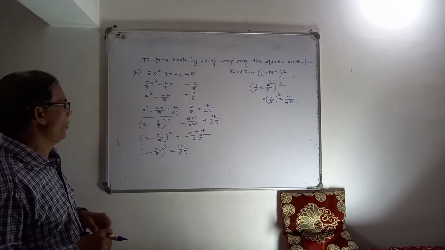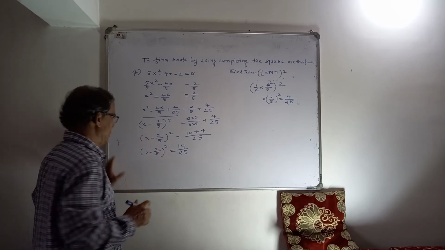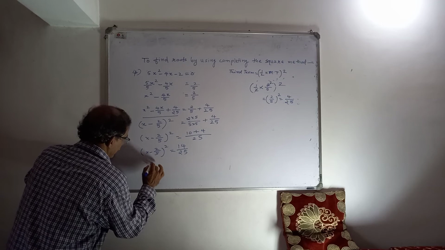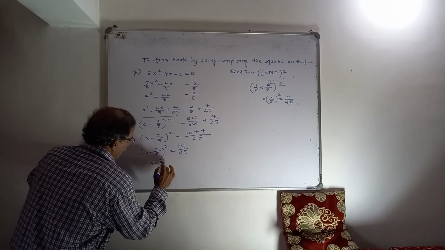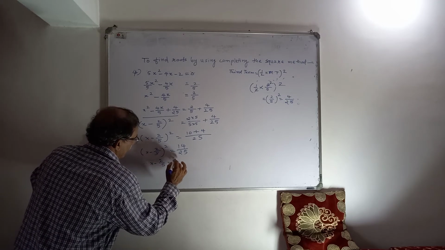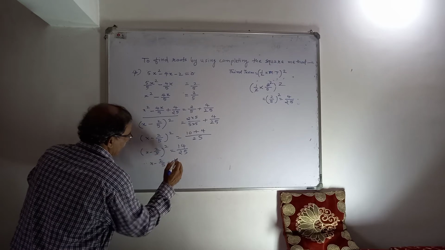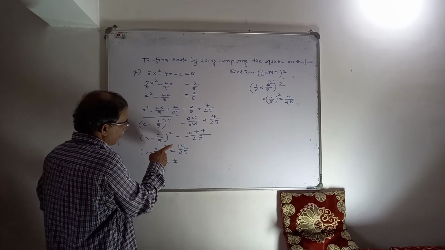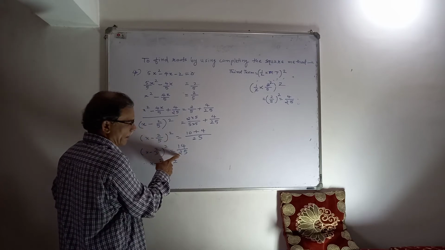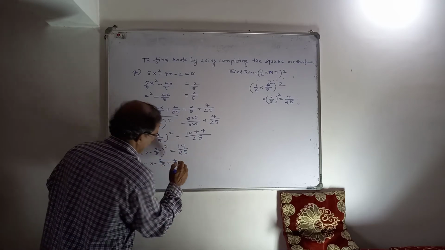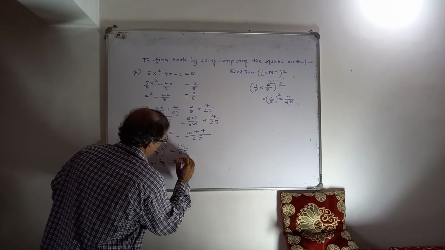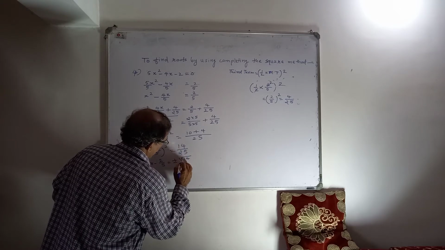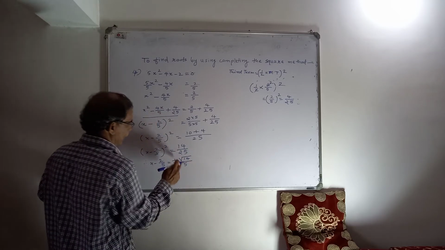So what we will do now? Remove square, apply square root, and therefore x minus 2 upon 5 is equal to plus or minus. So when we remove square, we have to apply square root. Square root of 14 we cannot write, but we can write square root of 25, no? Now you can directly write like this. Square root of 14 upon how much? Square root of 25 is 5.